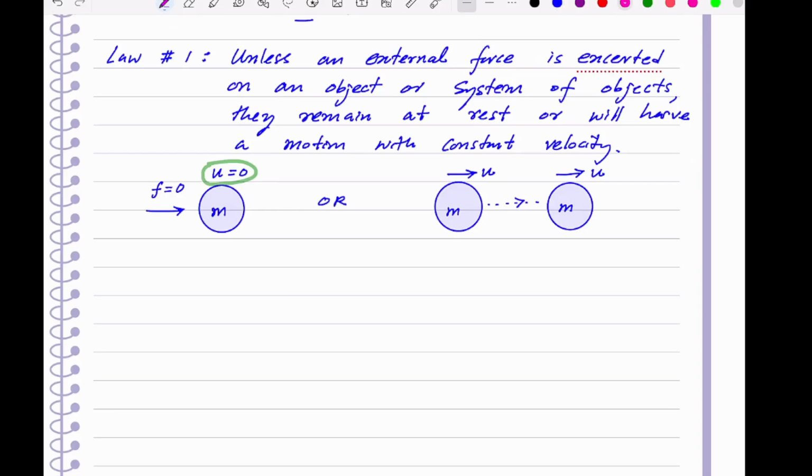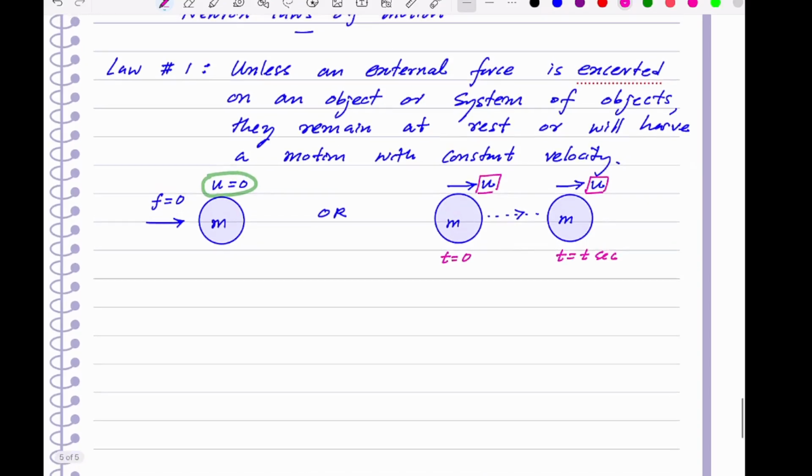If you think about the time, suppose time is equal to 0 seconds here, and then time is equal to t seconds, that means any time value, this speed is going to be the same. Okay, so this is what law number one says.